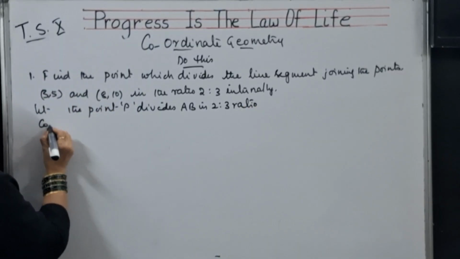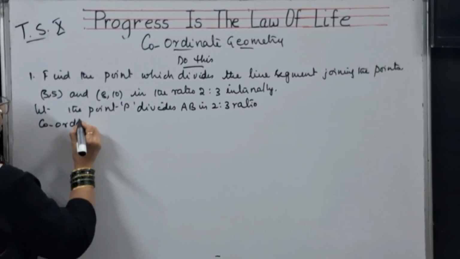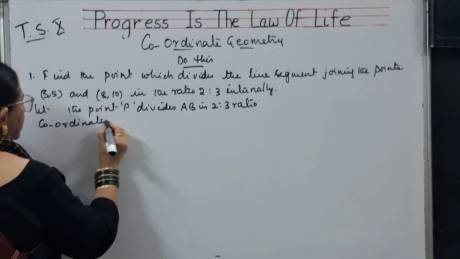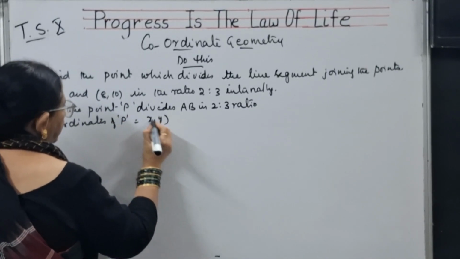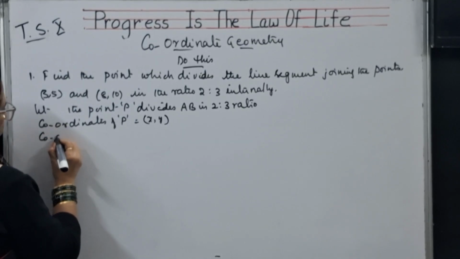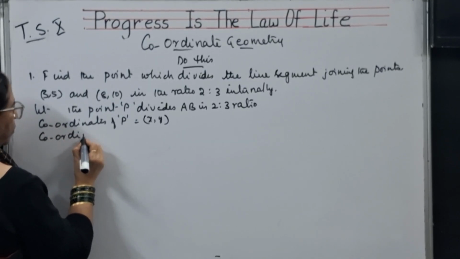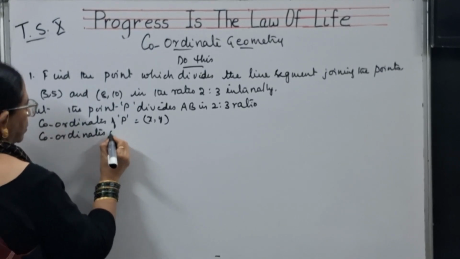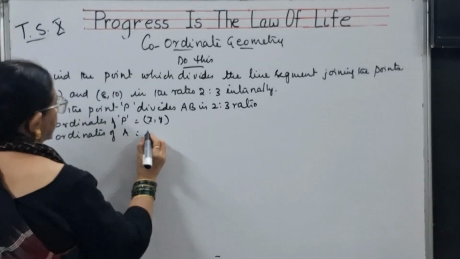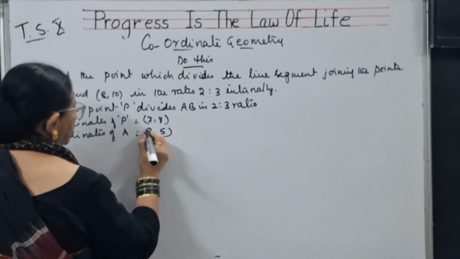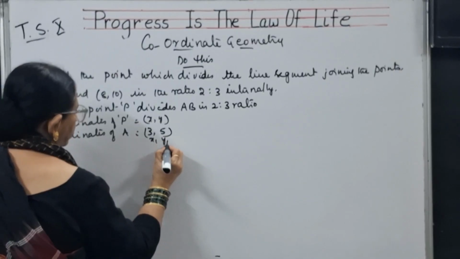Then coordinates of P is equal to x comma y and coordinates of A is equal to 3 comma 5. Take it as x1 y1.